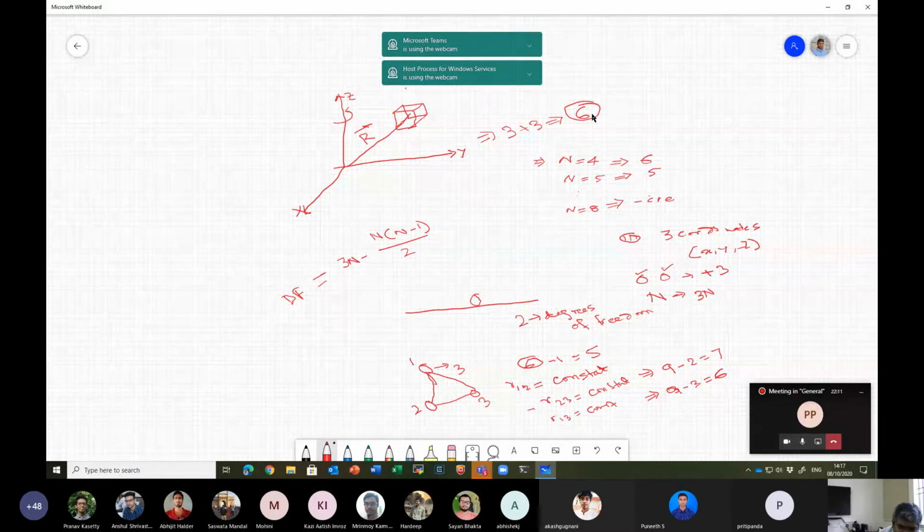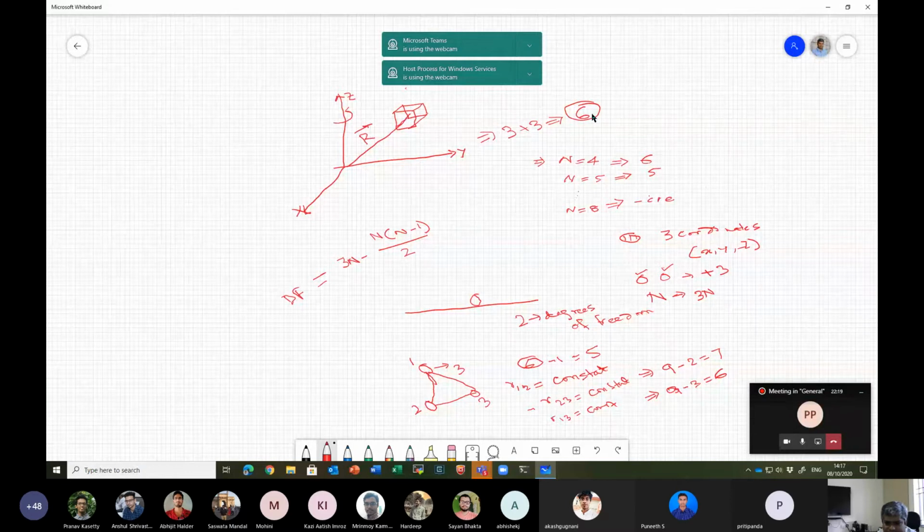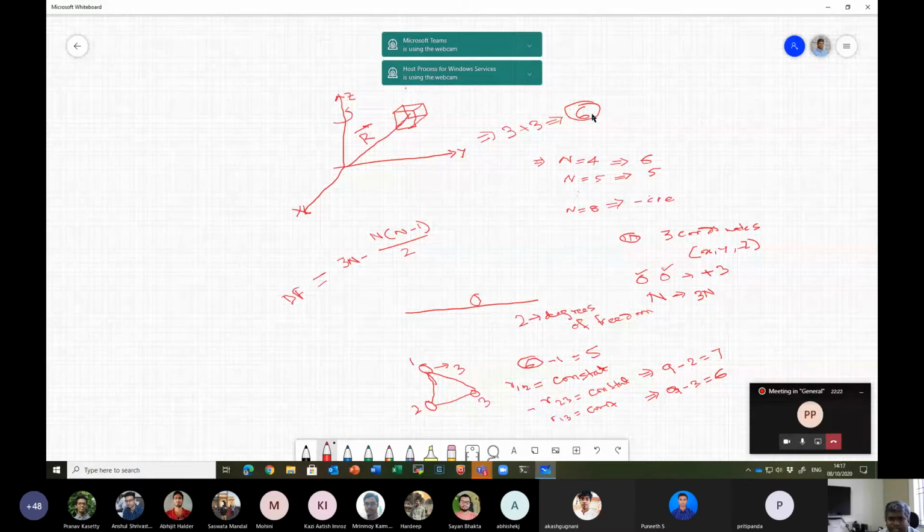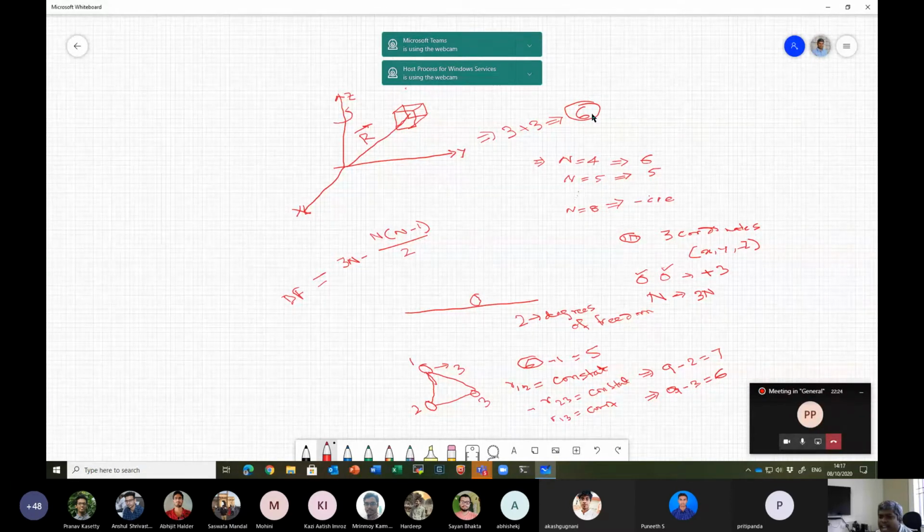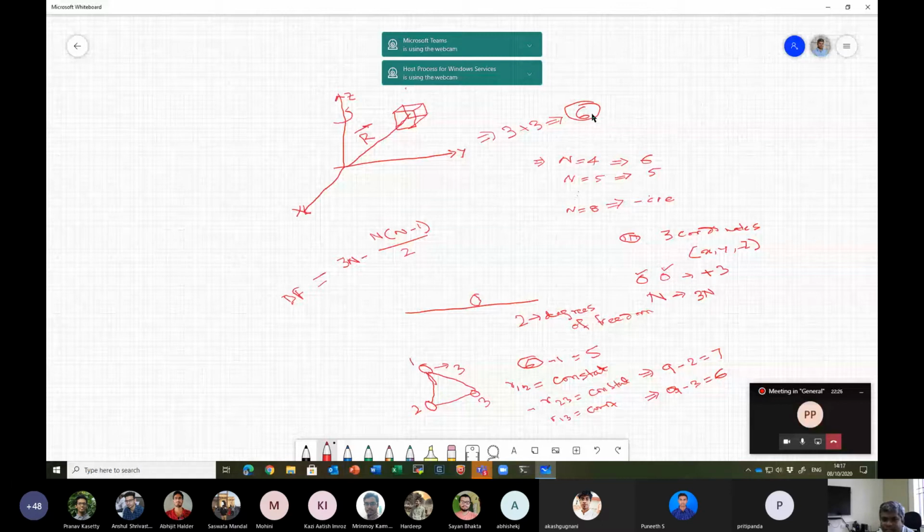As I told you before, if I want to describe the motion of the system through Lagrange's equation or something else, one important thing is that we need to know very accurately the degrees of freedom of that system, right?